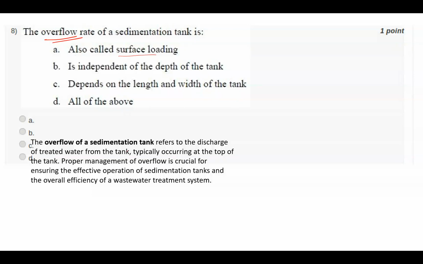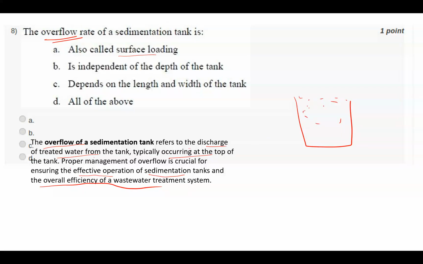So what is overflow of a sedimentation tank? It refers to the discharge of treated water from the tank, typically occurring at the top of the tank, and proper management of overflow is crucial for ensuring the effective operation of a sedimentation tank and the overall efficiency of a wastewater treatment plant. How is it happening?